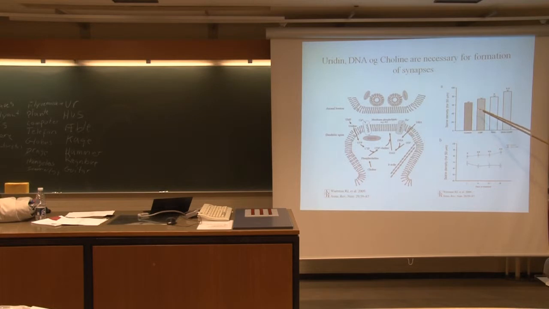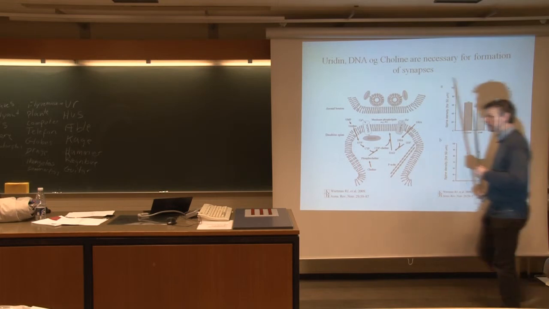Now, if you supplement the food with a little bit of uridine, a little bit of DHA, and uridine and DHA together, you see an increasing number of spines, which means that rats don't eat enough uridine and DHA to create as many spines as they could have if they had these compounds in their food. So simply by supplementing it, you can boost the number of spines being created in these rats.